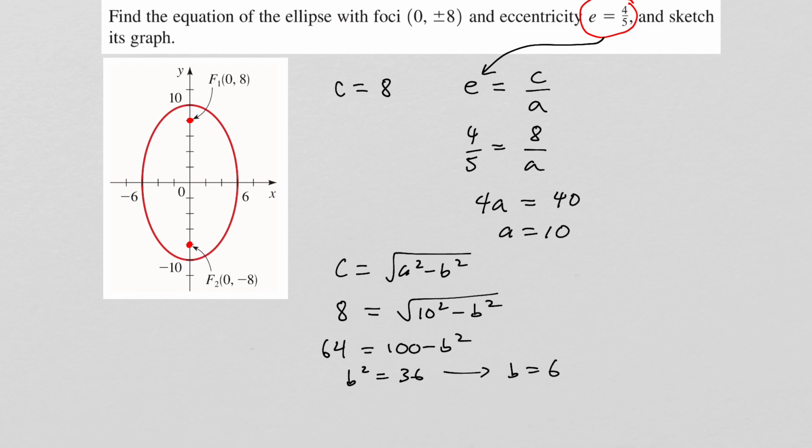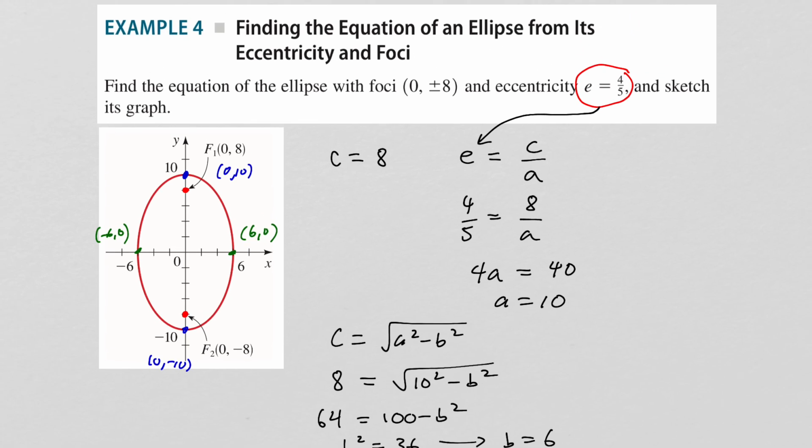So now we know, since A is 10, we know that these points must be 0, 10, and 0, negative 10. And then now we know that B is 6. These points must be 6, 0, and negative 6, 0. And there's the graph. And that concludes this video lesson.